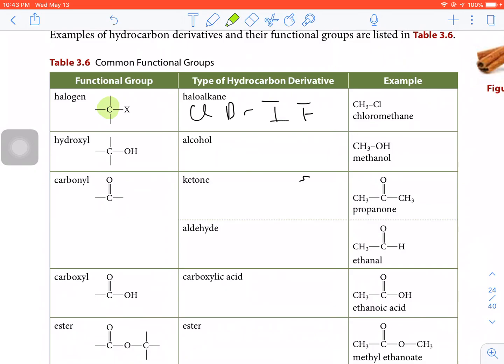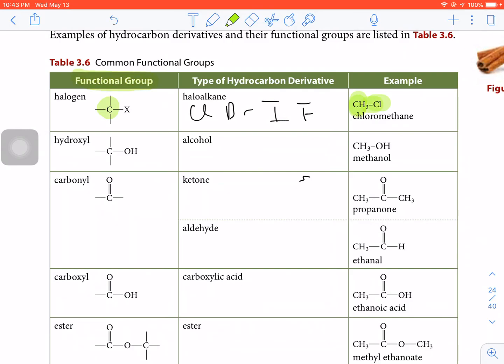Either a chloroalkane, a bromoalkane, an iodoalkane, or a fluoroalkane. So the example they've given us there is methane, 1 carbon, and I've got a chlorine added to it, which makes it chloromethane. So there's one of the functional groups.